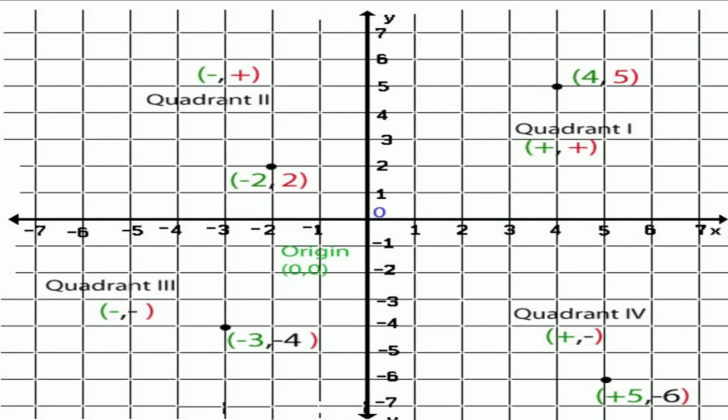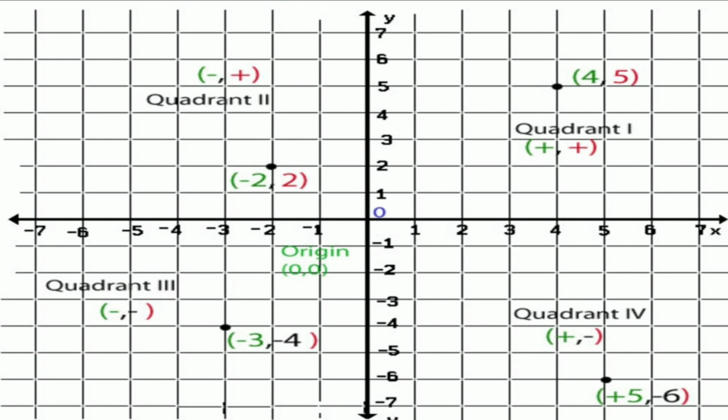Then the second quadrant is the upper left section, where the sign of x is negative and the sign of y is positive.